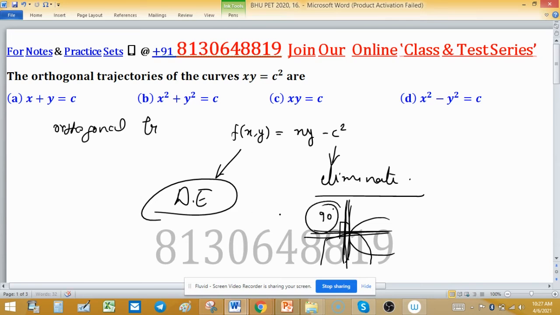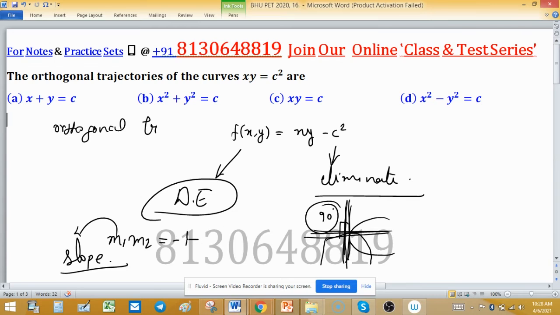They are orthogonal curves, and their tangents are orthogonal. It means m1 m2 equals minus 1, where m is the slope. So the slope product of two tangents should be negative 1.